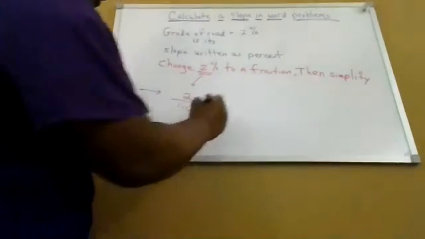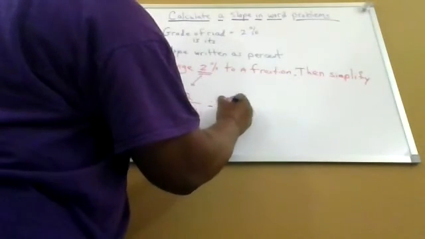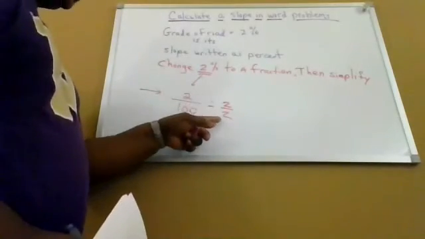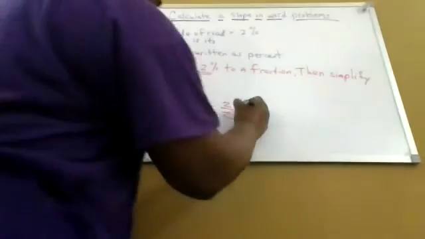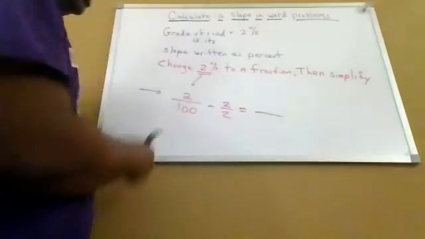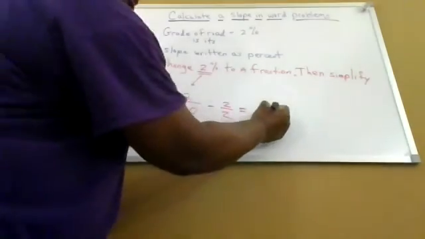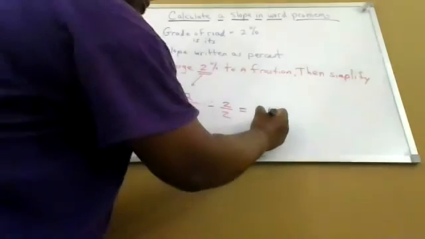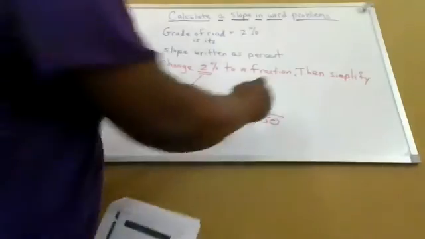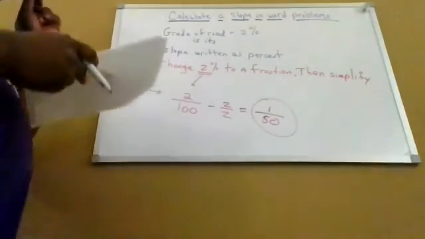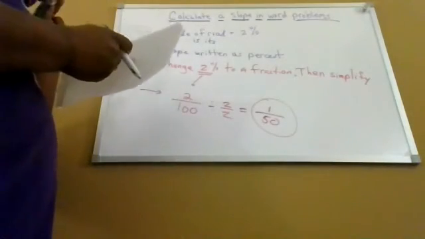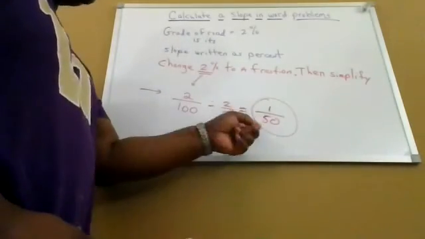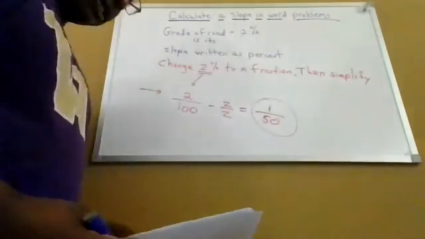So now I can divide my numerator by 2 and denominator by 2. Now 2 divided by 2 is 1, and 100 divided by 2 equals 50. And so 1 over 50 is the fraction form of the percent, 2%.